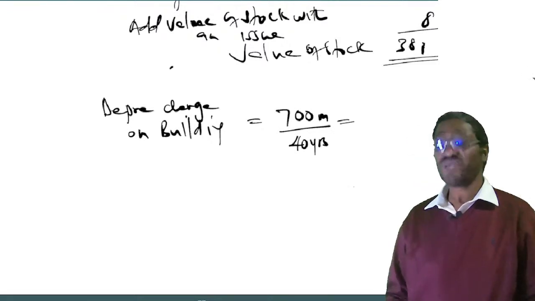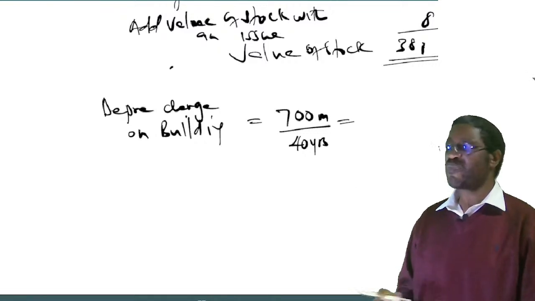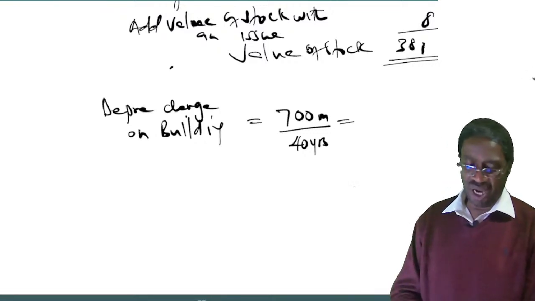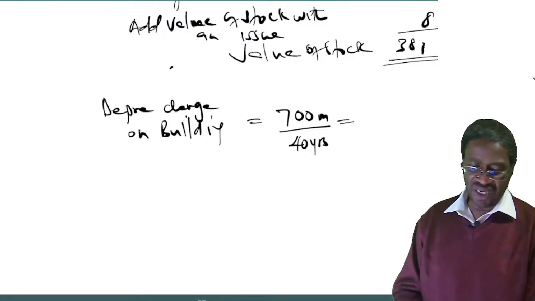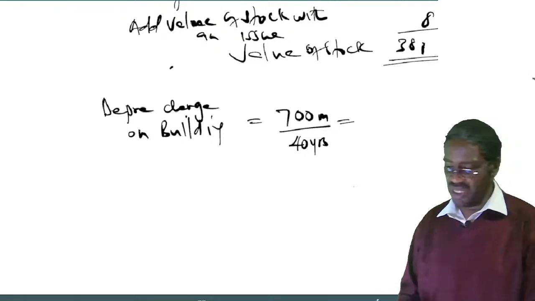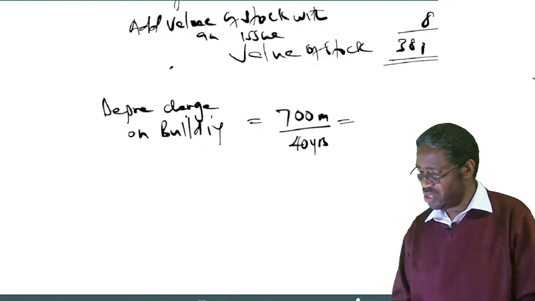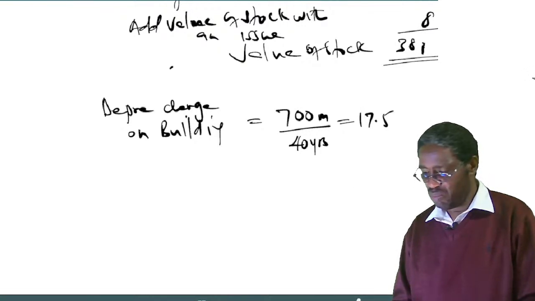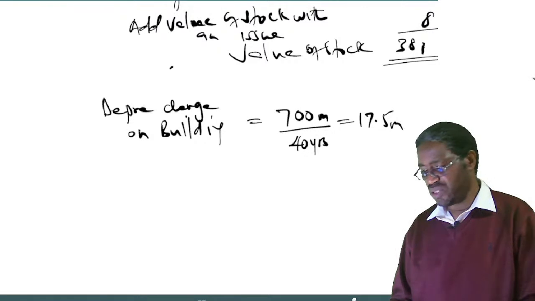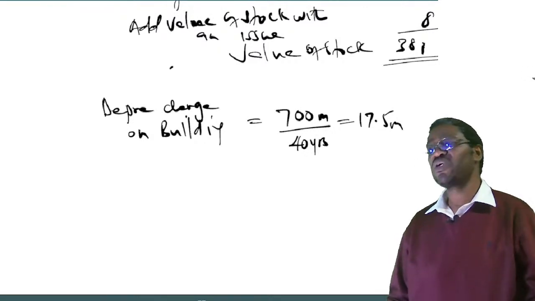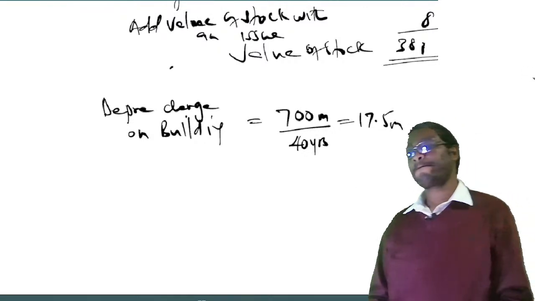So from now onwards, we shall depreciate our buildings by how much? We take that 700, we divide that by 40. That gives me a depreciation charge of 17.5 million. Good.